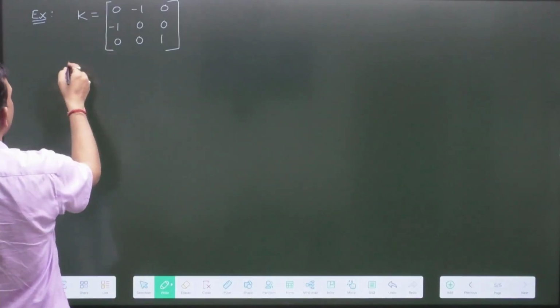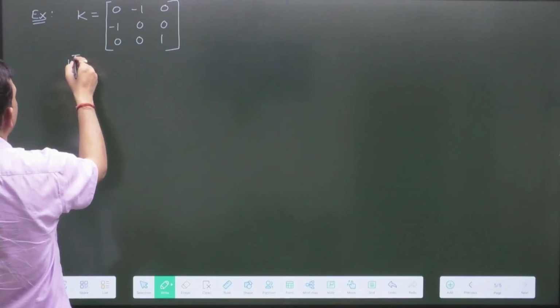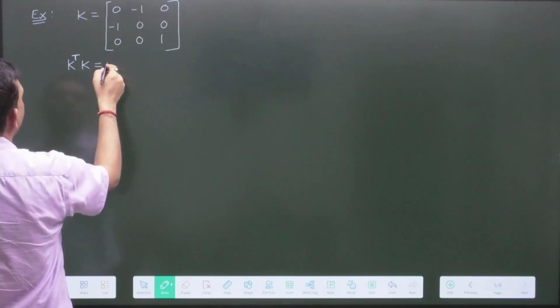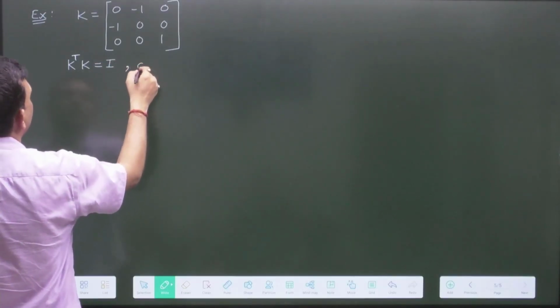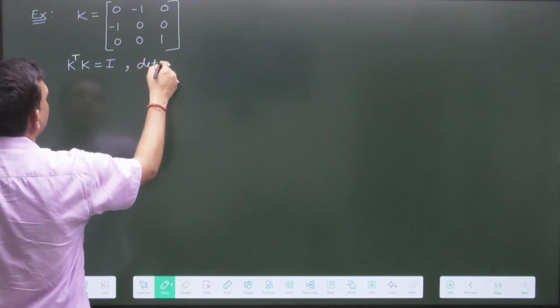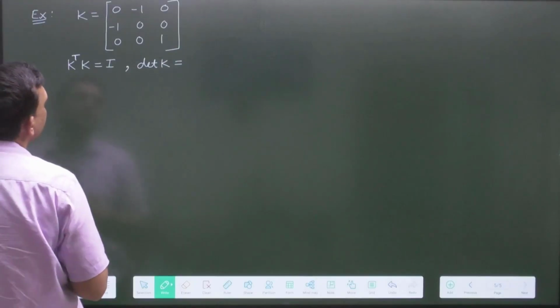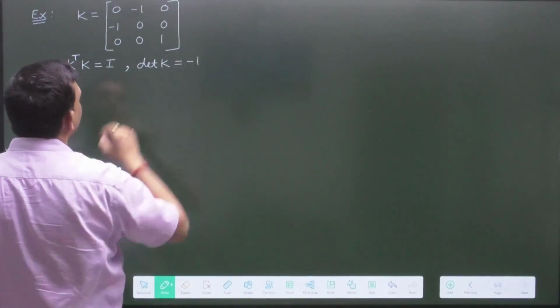So you have to see that K transpose K is the identity matrix. And what will be the determinant of K?